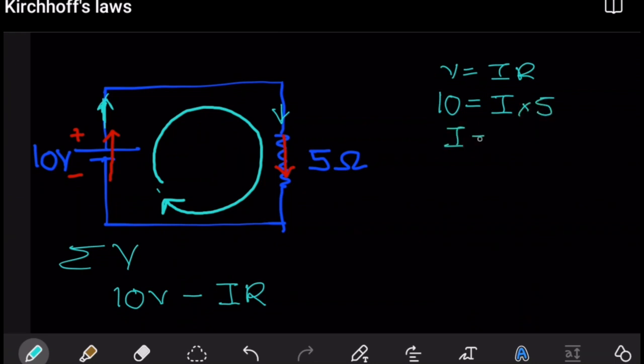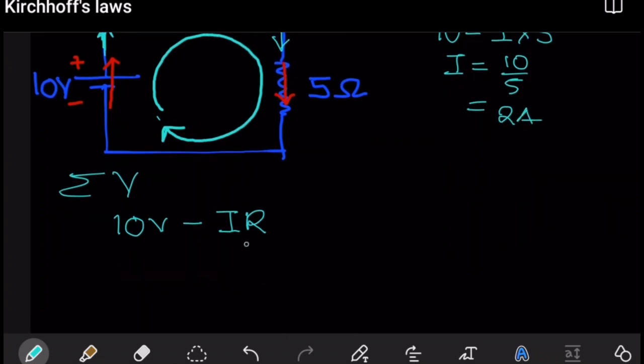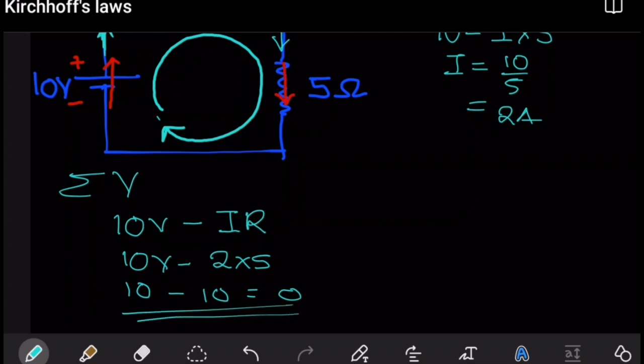So I, the current, is 10 divided by 5, which is 2 amps. So we have 10 volts minus the current, 2, multiplied by the resistance, 5. We end up with 10 minus 10, which is equal to 0, as stated from the second law.